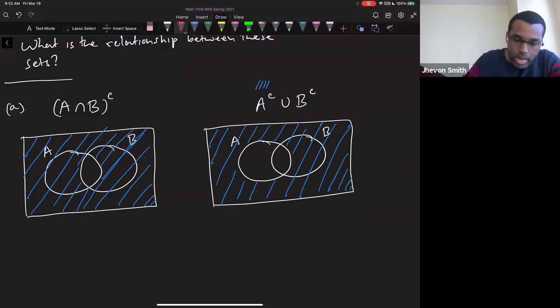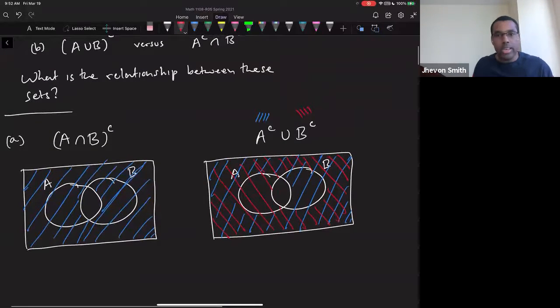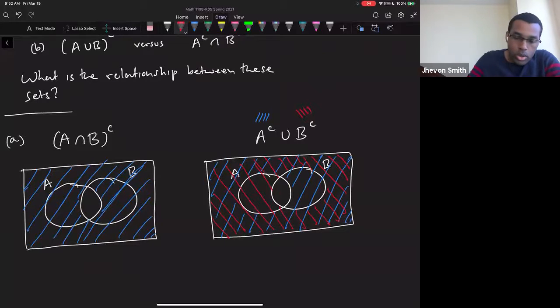Now, what if I want to shade B complement? It's literally everything but B. Everything outside the B circle. Now remember, the union says we want anything that is in either set or in both sets. So the union wants all shaded parts.